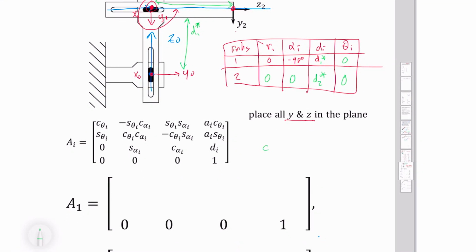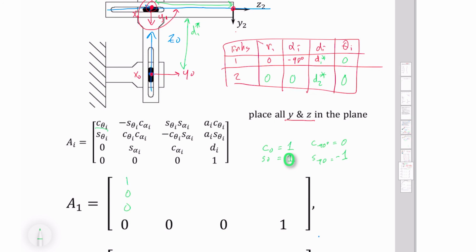My cosine of 0 is equal to 1. And my sine of 0 is equal to 0. And my cosine of negative 90 degrees is going to be 0. And my sine of negative 90 degrees is equal to negative 1. Cosine of theta is going to be 1. Sine is 0.